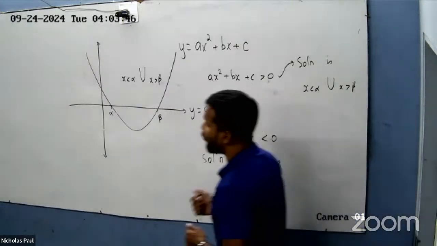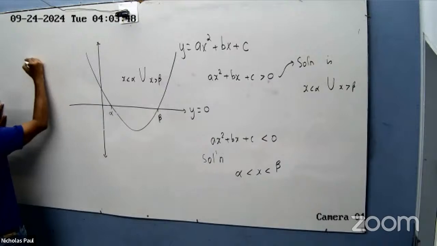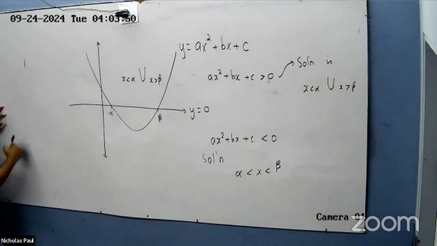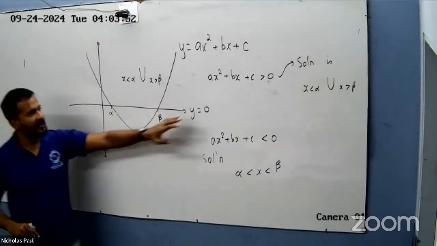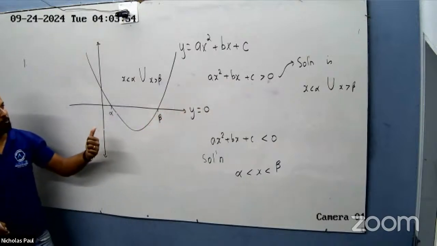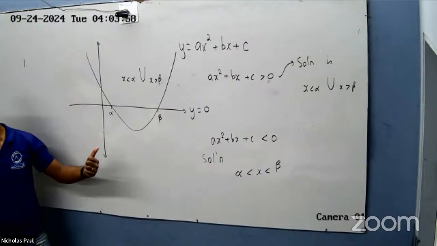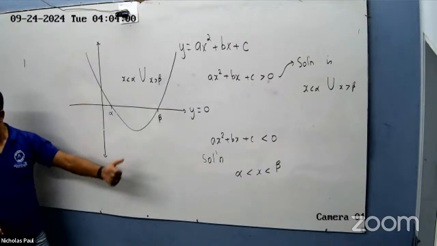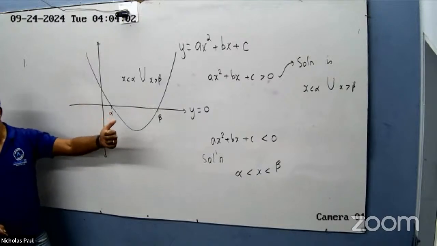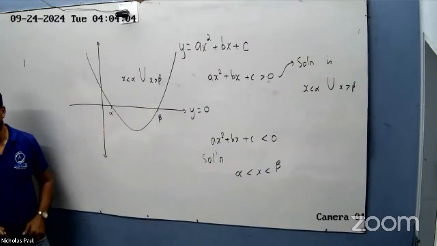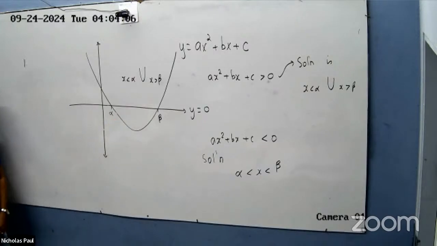So what are the steps? Step number one, in order for us to solve it, you all recognize that I drew a what type of quadratic here? What shape is this? Minimum or maximum? Minimum, right?